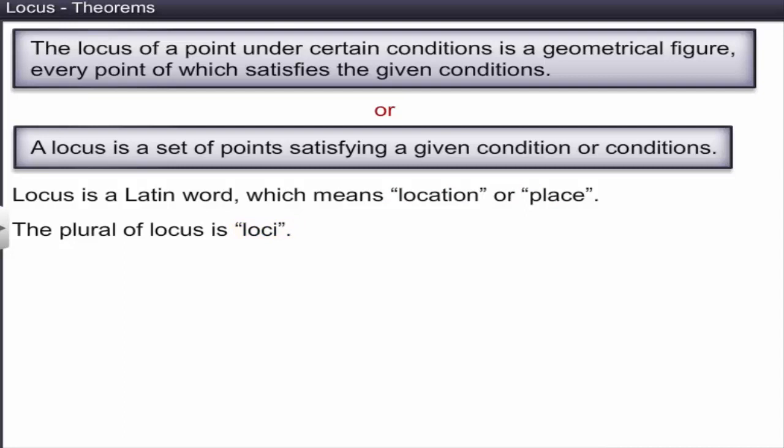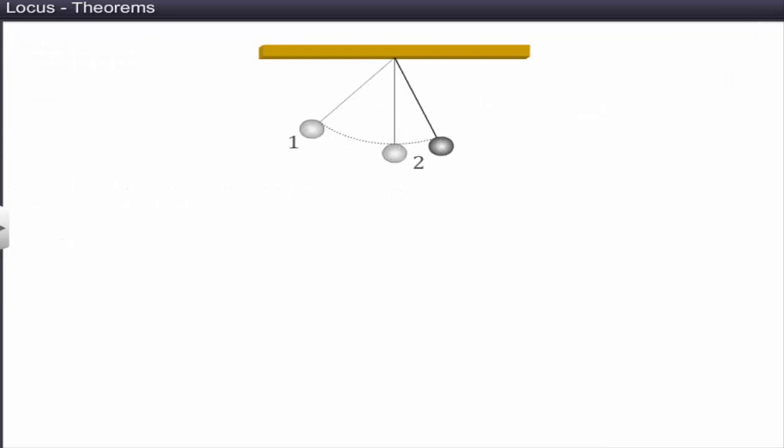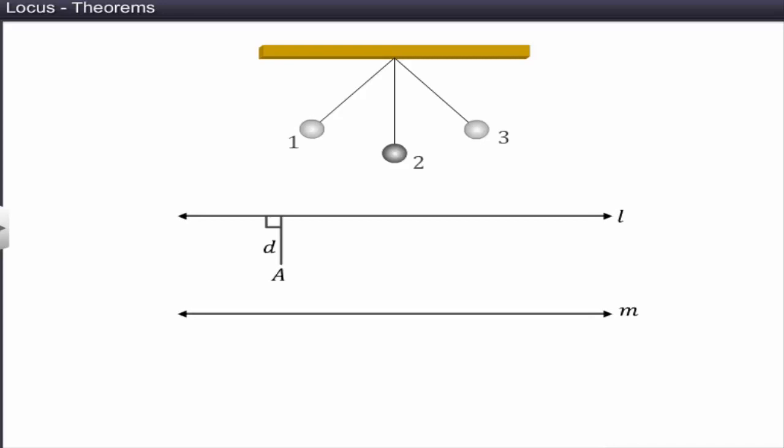Let us see some examples now. The locus of the tip of an oscillating simple pendulum is an arc with radius equal to the length of the pendulum. The locus of a point equidistant from two parallel lines is also a line parallel to the given lines and passing midway between them.